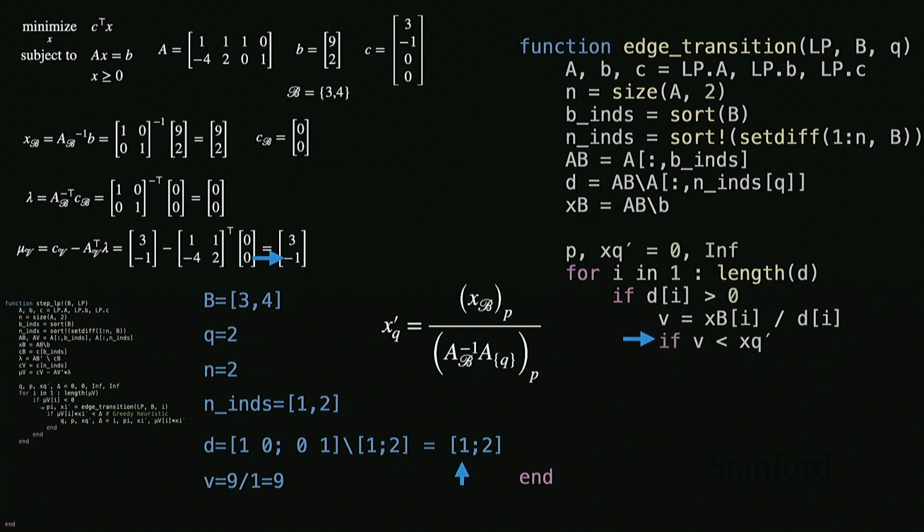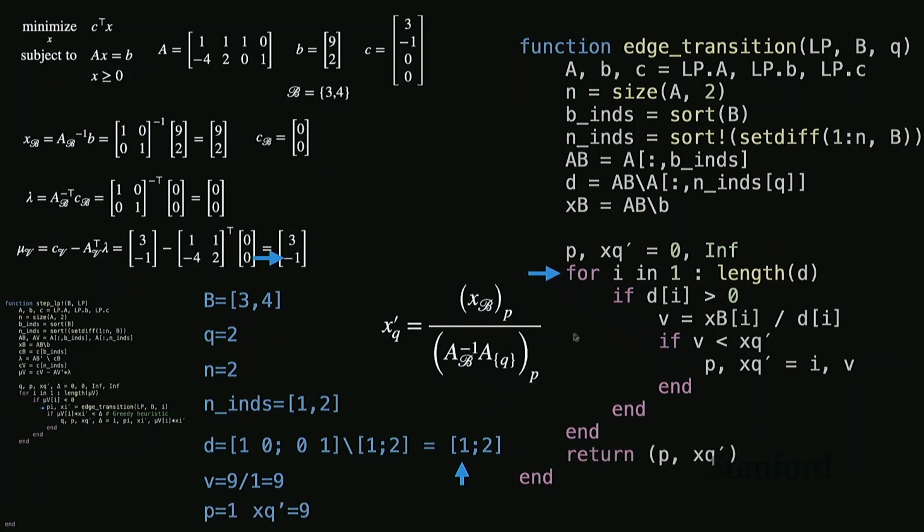We're going to check, is that value less than the smallest xq prime that I've seen so far, which we initialized to infinity, so yes, it is. So we're going to store that value here, where value was just 9 because it was this first component of x basis divided by the first component of d i.